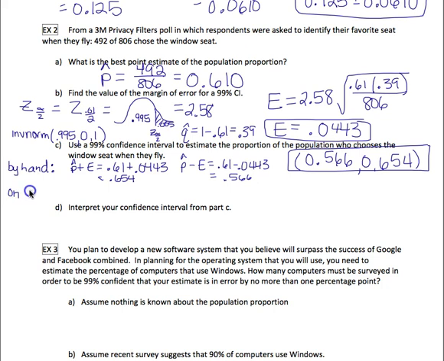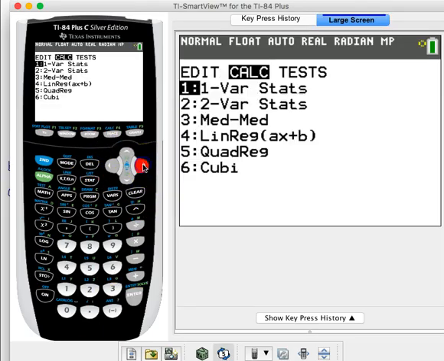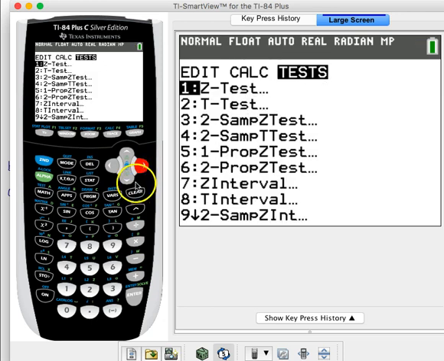On the calculator, we have lovely buttons to press for this. In order to do this, I'm going to have you write it down, and then obviously I'm going to show you as well. You're going to go to Stat, and then you're going to choose Tests.